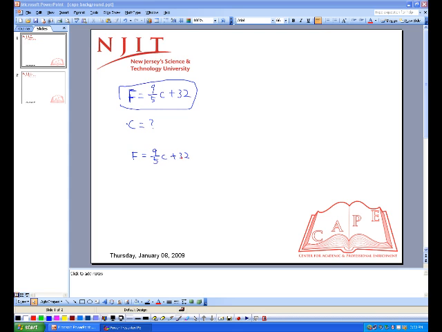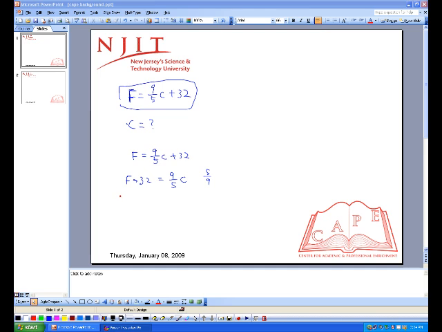So let's try that. First of all, we can subtract 32 from both sides. F minus 32 is equal to 9 over 5 C. 32 subtract 32 is simply 0. Now, in order to get rid of this big fraction, we can multiply both sides by 5 over 9. The 9 over 5 would cancel out with 5 over 9.